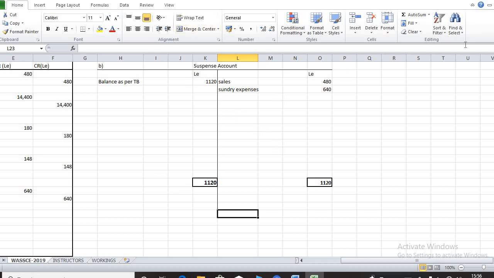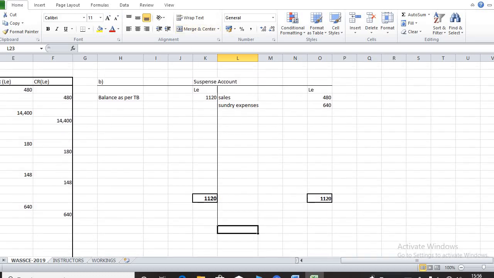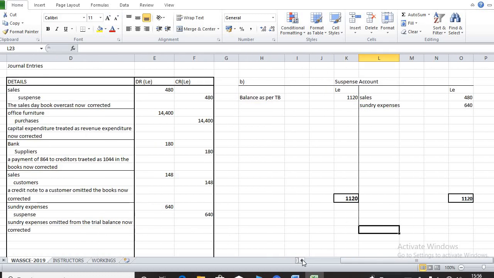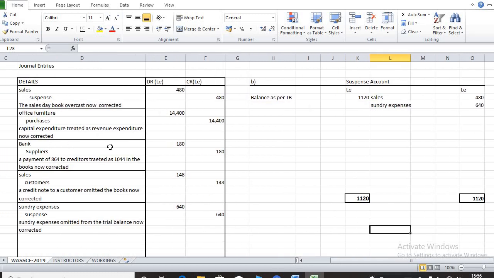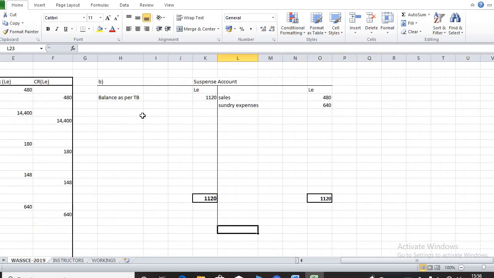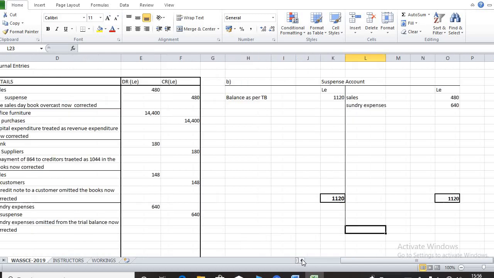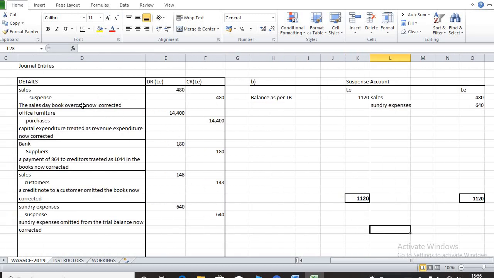So with this, we can confidently say that what we have done in the journal is at least 95% right. Okay, because the two sides of the suspense account at the end of the day are the same, proving that what we have done in the journal is 95% right.